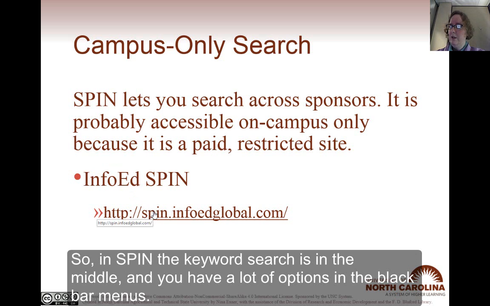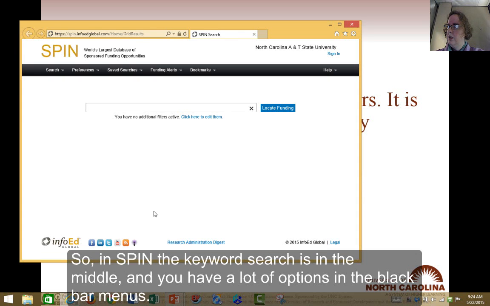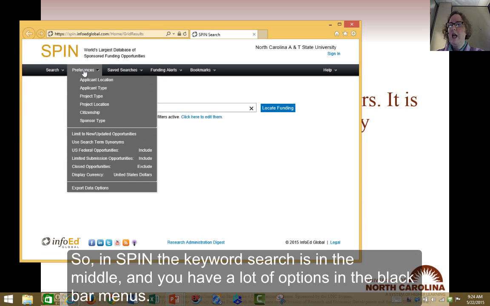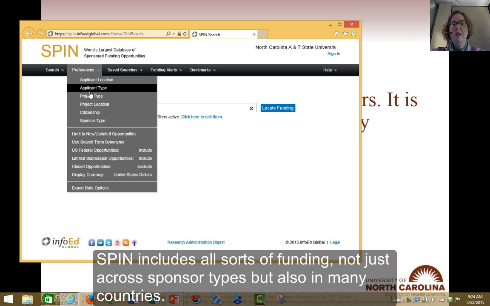So in SPIN, the keyword search is in the middle of the page, and you have a lot of options in the black bar menus. One of the most useful menus is the Preferences menu. SPIN includes all sorts of funding, not just across sponsor types like government versus foundations versus nonprofits versus professional organizations, but also in many countries.